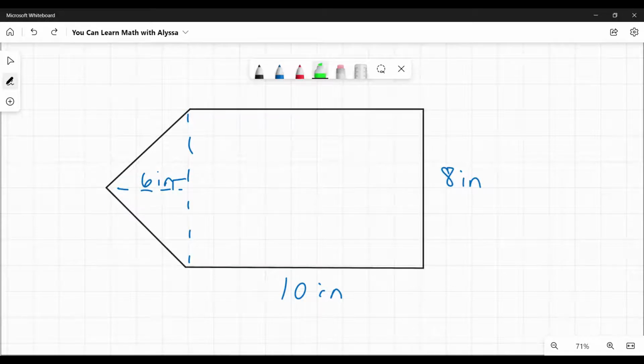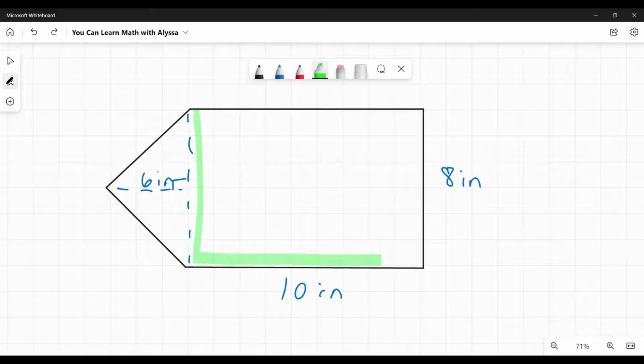So for every single one of these, again, the first step is going to be to identify what shapes are in there. Sometimes you have to get a little creative. This one's kind of straightforward, but we'll start with this one, then we'll get a little more tricky. So once you've identified the shapes, we want to find the area of each part individually. The first part that I'm going to do is the rectangle.